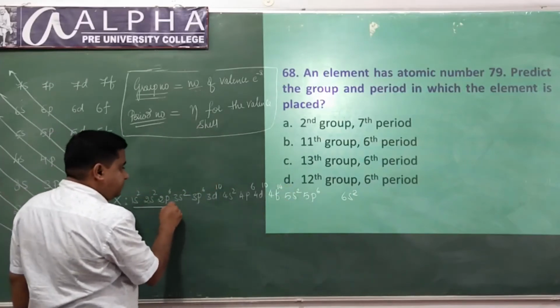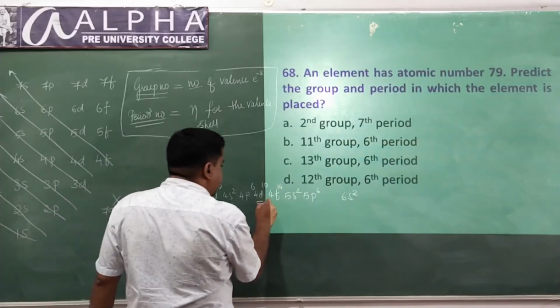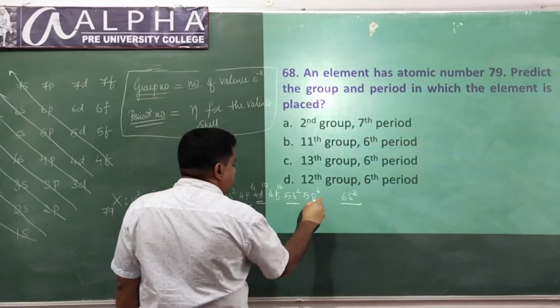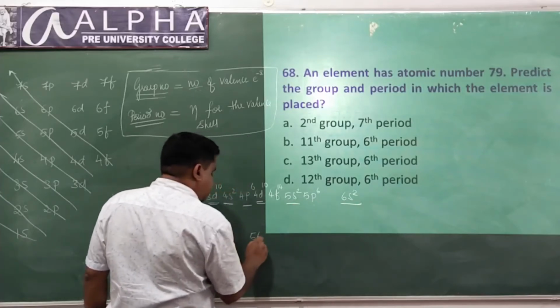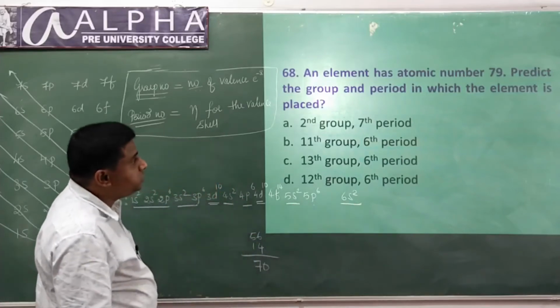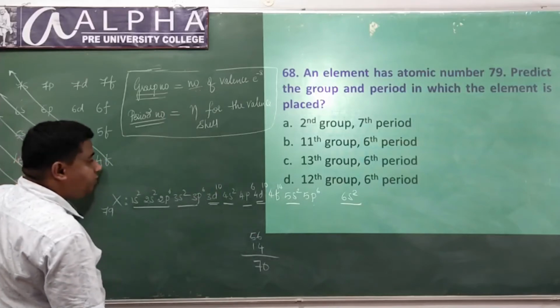It is 10, 20, 30, 40, 50, 56 plus 14 is 70, but we should get 79. So we have finished 4f14.